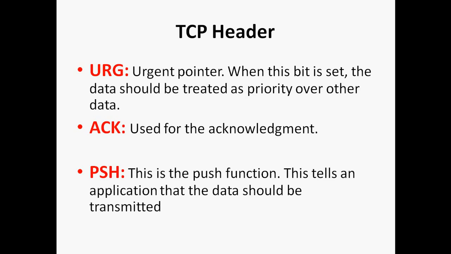If you type the characters, each character would be stored in the buffer and then sent. Instead, with the push flag set, whatever we type is immediately transferred to the receiver without buffering. I will show it in Wireshark so you can understand where we can use this push function.